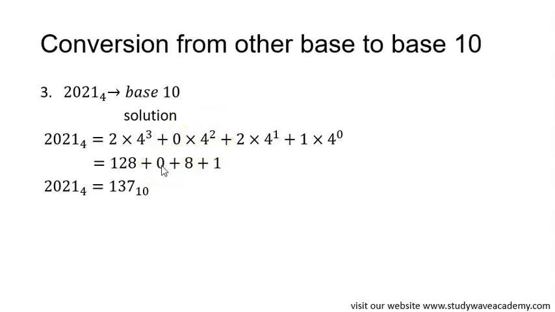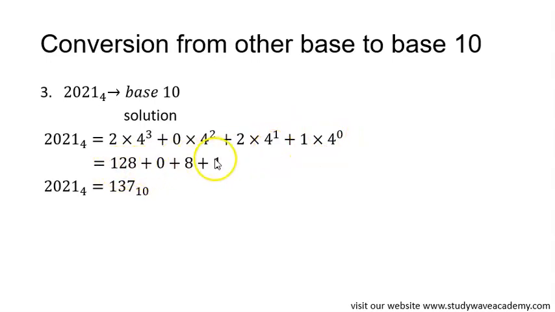I'm sure you know why it's 0. Anything multiplied by 0 is 0. Okay, so even if you simplify this, it's still 0. Do you understand? Good. Then 2 times 4 raised to power 1 is 8, plus 1 times 4 raised to power 0 is 1. Okay, I'm sure you know how we did it.